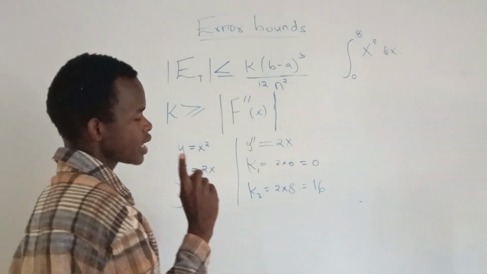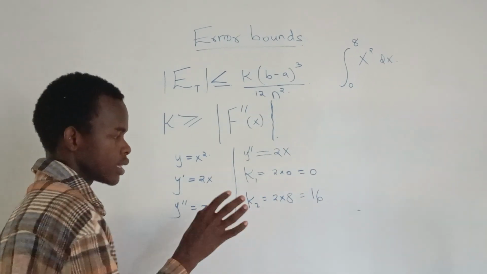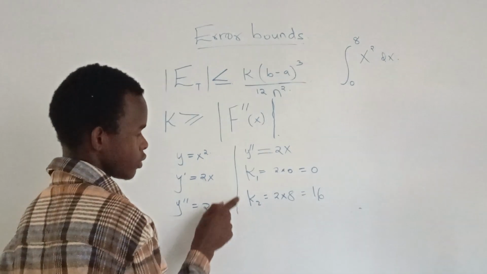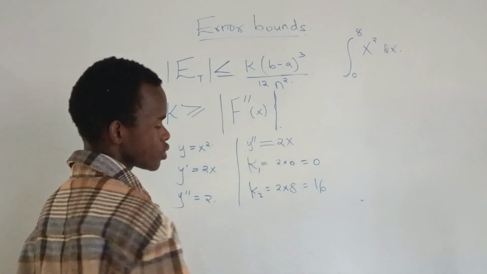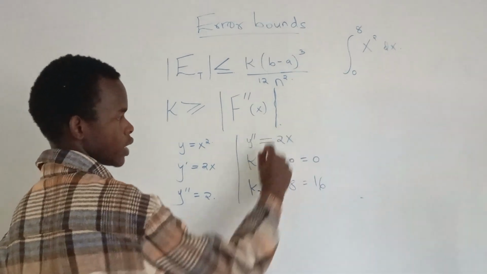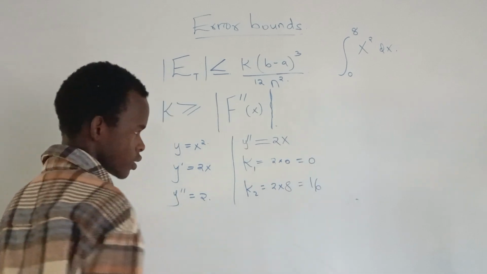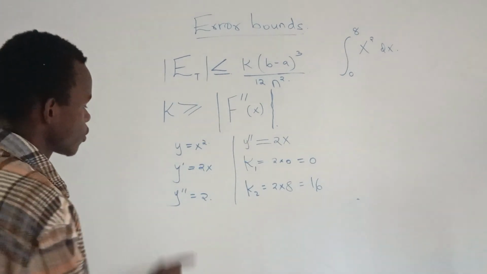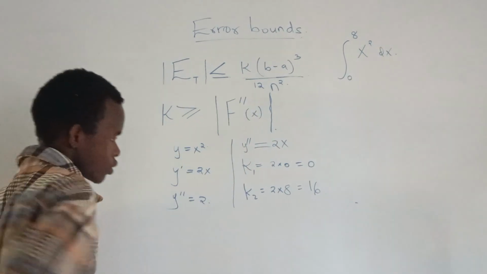We usually take the largest value of k. We have 0 and 16. So if our second derivative were 2x, we would have used our k as 16, not 0. But for this case, this is just an explanation. For our case, our k is 2.